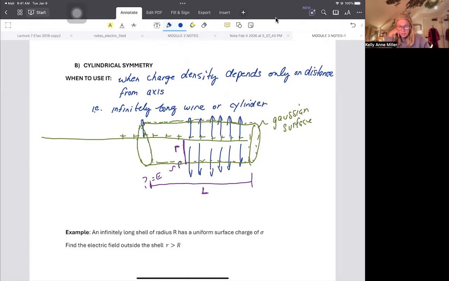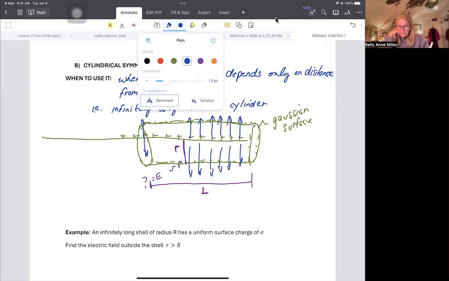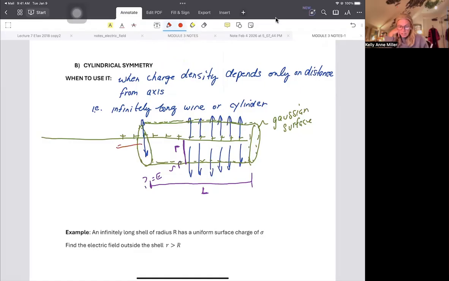Remember from the tutorial, the area vector of those end caps points outward, and the E field is exactly perpendicular to the area vector at that point.